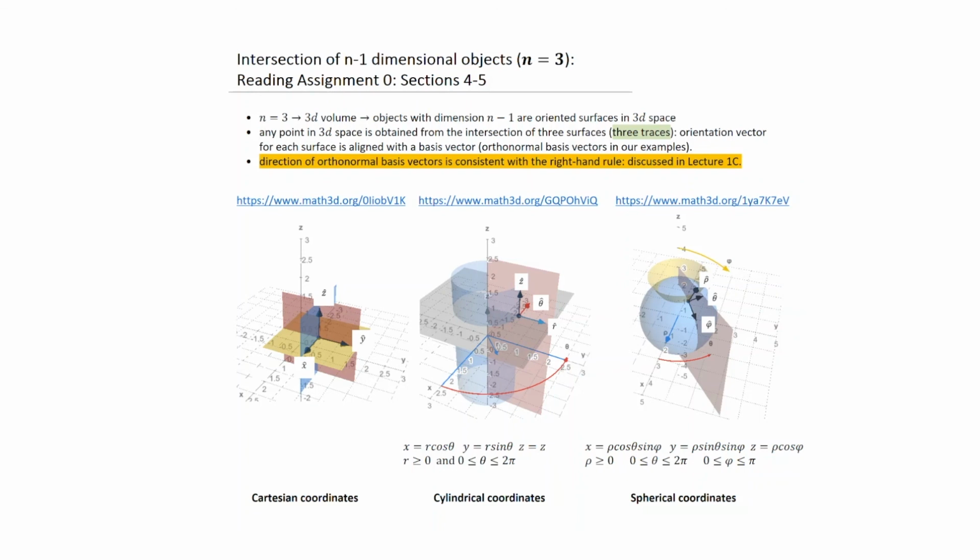But in the process, the orthonormal basis vectors will also change direction with respect to xyz space. So effectively, this is a property of curvilinear coordinates. Depending on where you are, the unit vectors are pointing in a different direction.